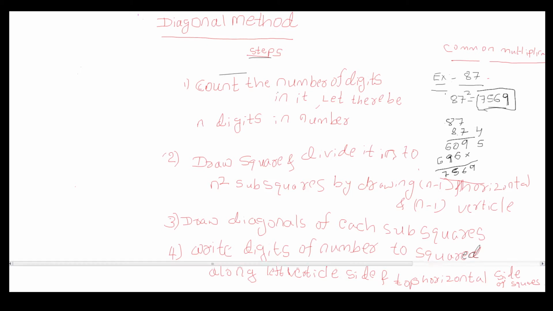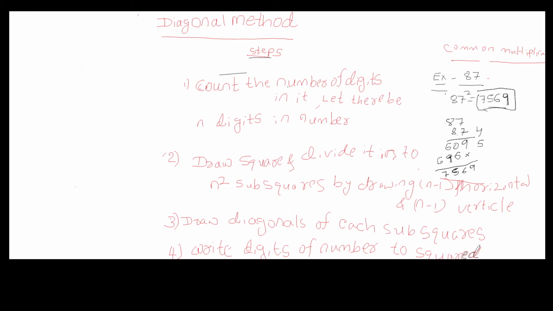For that we follow some steps. First, count the number of digits in the given number. The given number is 87, so 2 digits are there. Draw a square and divide it into n squared sub squares.